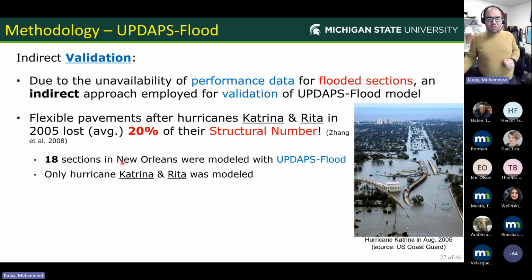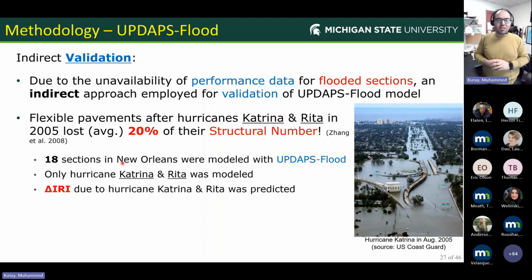For this purpose, we only modeled Hurricanes Katrina and Rita with UPDAPS-Flood, and then calculated the delta IRI due to these two hurricane events. So we have the delta IRI from UPDAPS-Flood.